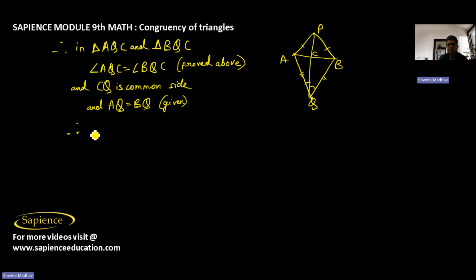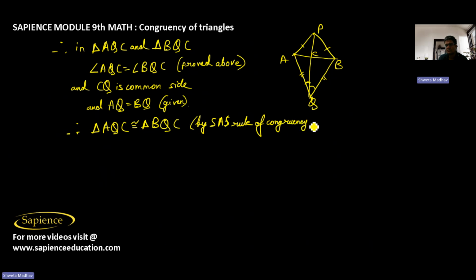So therefore, I can say triangle AQC is also congruent to triangle BQC. How? By side angle side, since we have taken two sides and the included angle. So by SAS rule of congruency, these two triangles are congruent.